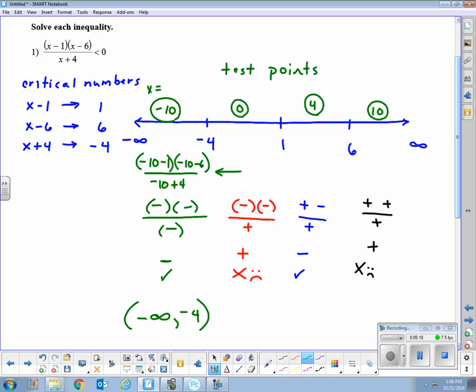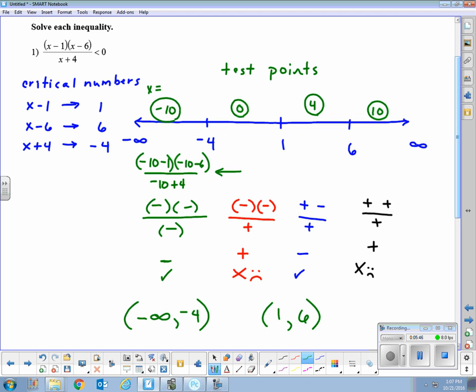I'm going to skip the interval between negative 4 and 1 because that makes the rational function positive, which is not less than 0. The other interval I'm going to choose is between 1 and 6. If you put 1 in, you get 0. 0 is not less than 0. And if you put 6 in, you get 0. 6 is not less than 0. So in this interval, I'm going to use parentheses again to exclude the endpoints or the boundary points.